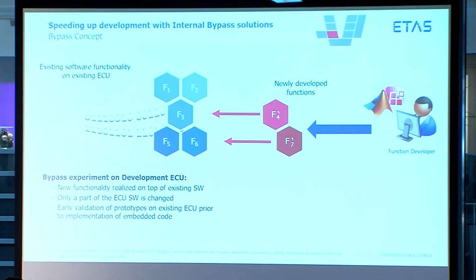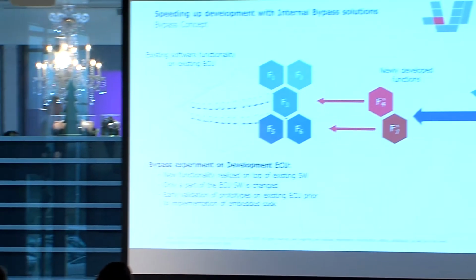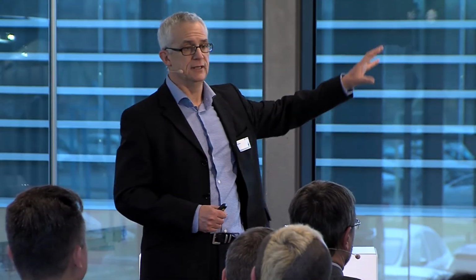And normally the experiment will be done on some kind of development ECU with existing software and an appropriate ECU interface to allow data exchange to and from the ECU. And then the new control function is connected in to the existing software and effectively bypasses the functions that they are ultimately designed to replace.